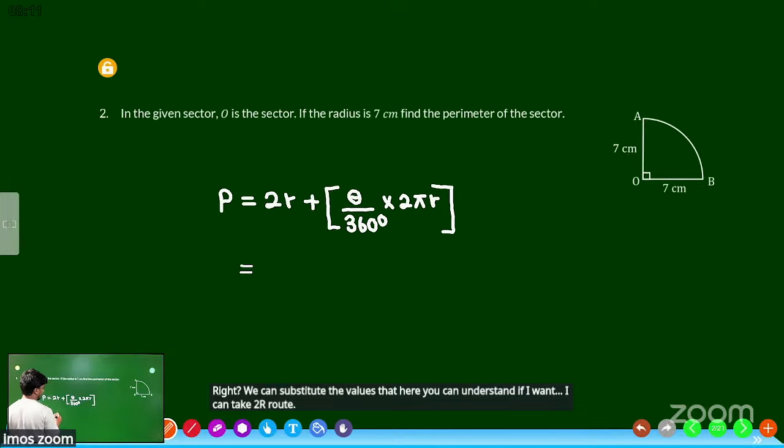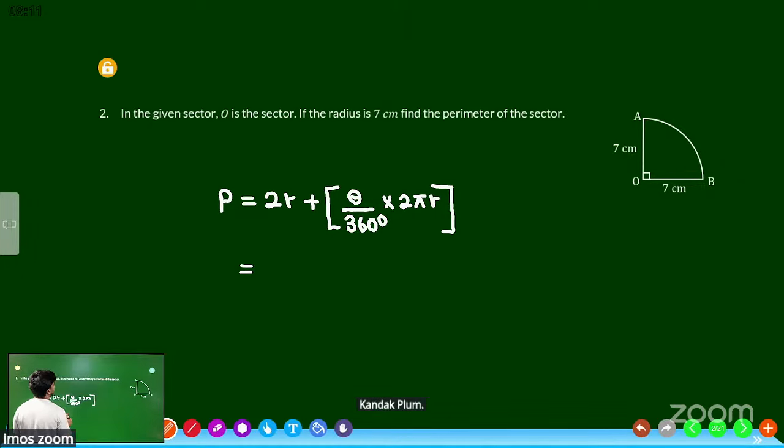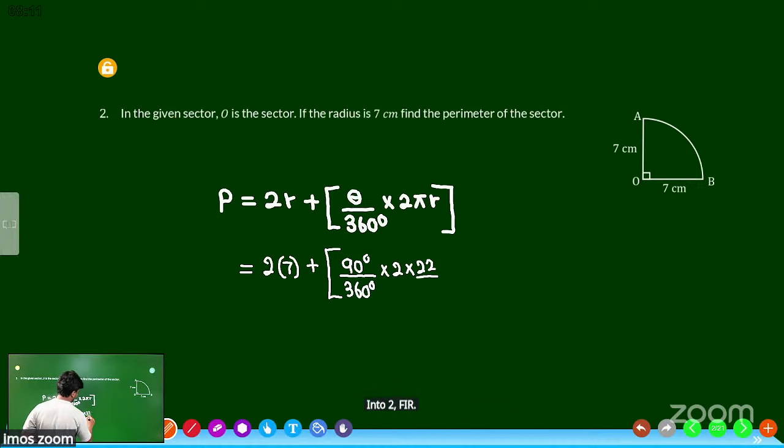So 2 into 7 plus 90 over 360 into 2 pi r. There are 4 90s in 360, right?